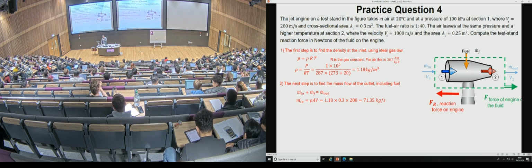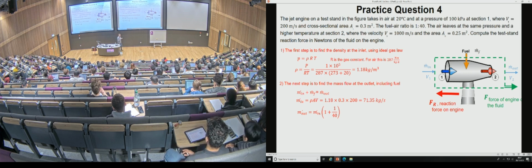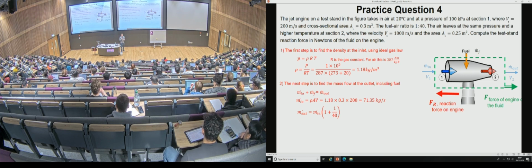So we have then our mass flow in. We're told that the fuel-air ratio is 1 to 40. So that means that we have to add 1/40th of fuel compared to the amount of air that we're putting through. It doesn't sound like much, it doesn't make a huge difference, but it's enough to mean that it should be accounted for.